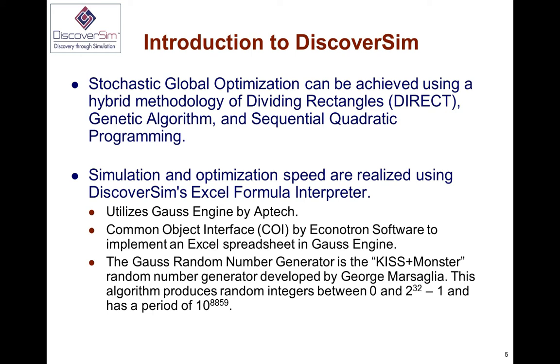And then finally, fine-tuning can be done with sequential quadratic programming. As I mentioned to you, we use an outside engine called Gauss by Aptech. There's a very good random number generator built into that. It's also a very powerful computation engine, and that is where the actual core calculations are done. So that's all outside of Excel and then brought back in. You don't see that as a user.